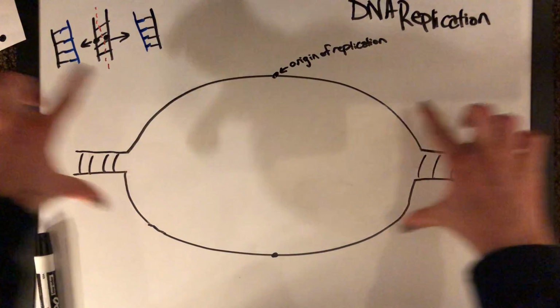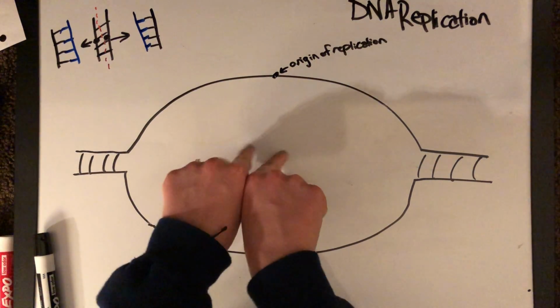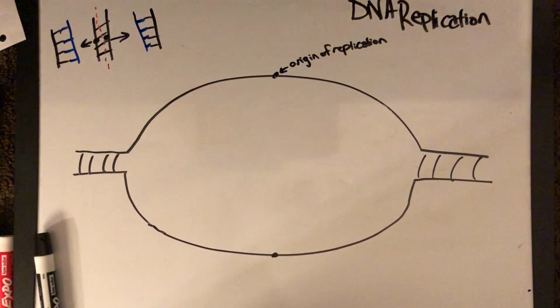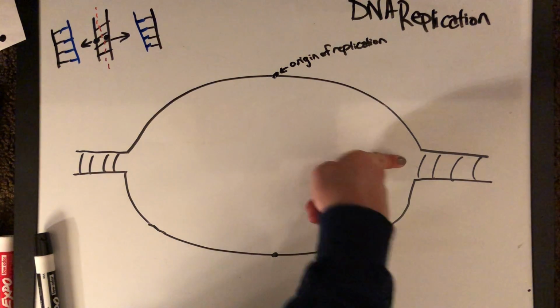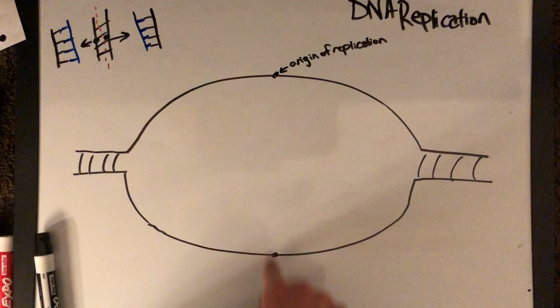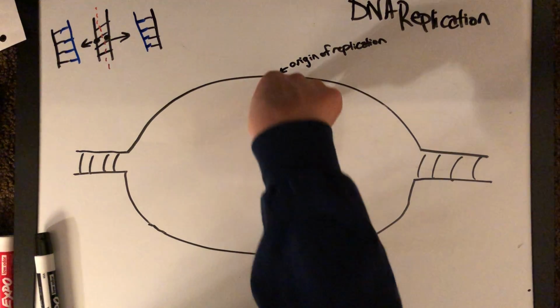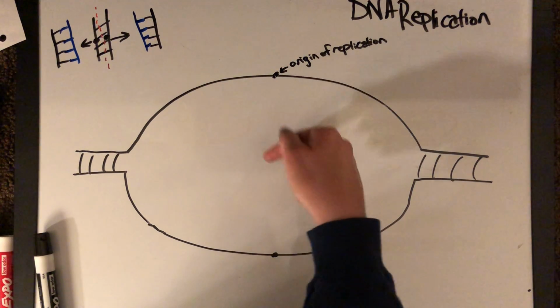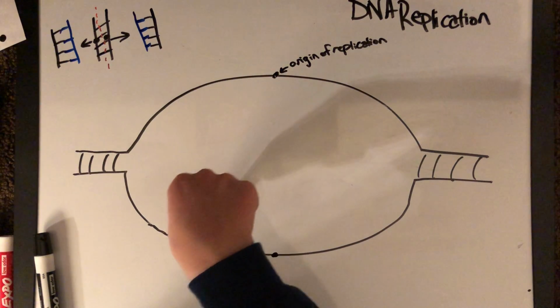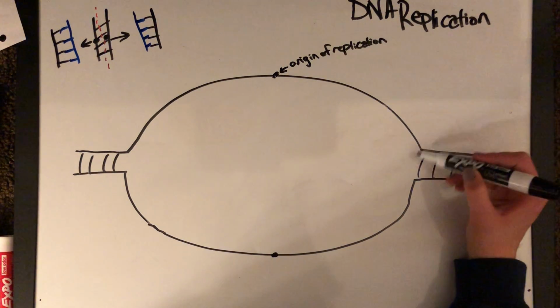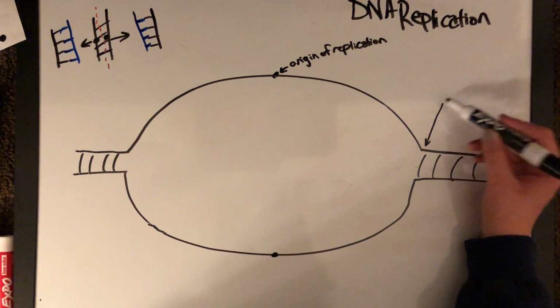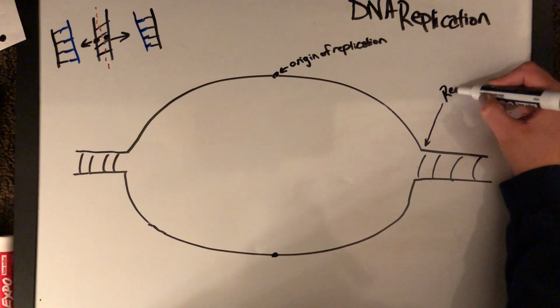So we're forming this big replication bubble, and we're opening in both directions. Okay, so we're forming a replication fork here and a replication fork here, starting at this origin of replication. So if that helps you, it helps me to know that that's why we're going both directions, because we started in the middle. So this right here, in general, is our replication fork on both sides, right?